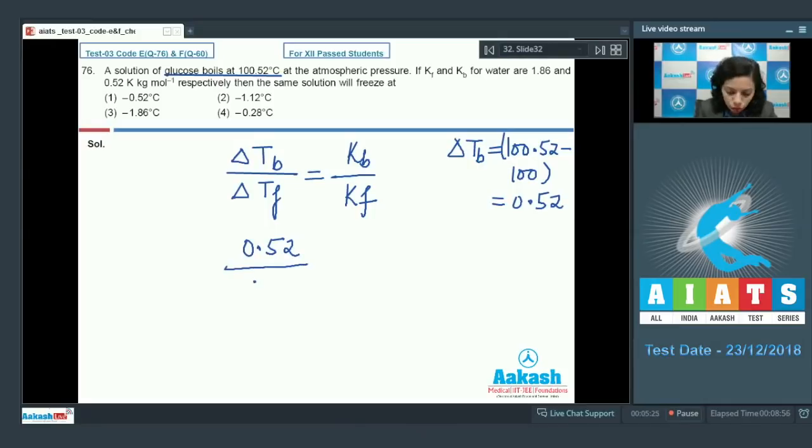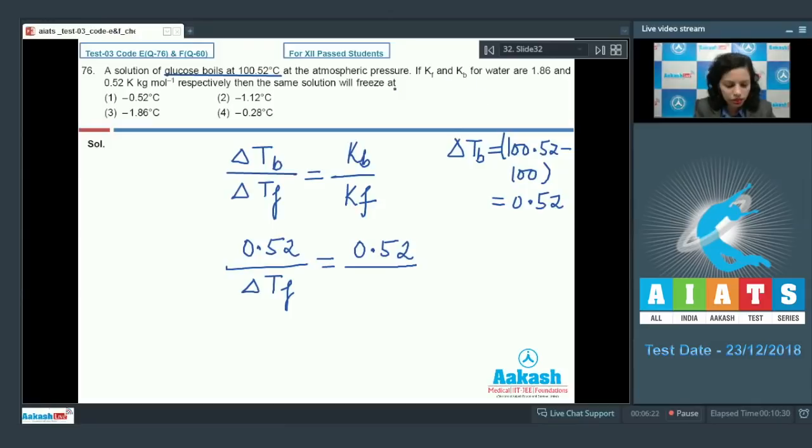Now, delta Tf you just want to find out. You have the Kb value and the Kf value both. Kf value is given as 1.86, that's why I'm writing here 1.86, and it should be divided by the Kb value, that is 0.52. That is equal to the Kb value, clearly given here, 0.52, divided by the Kf value.